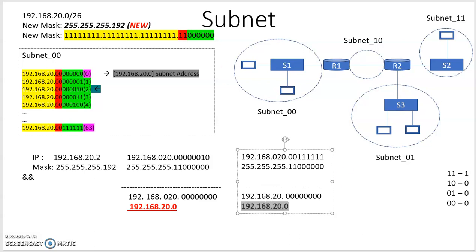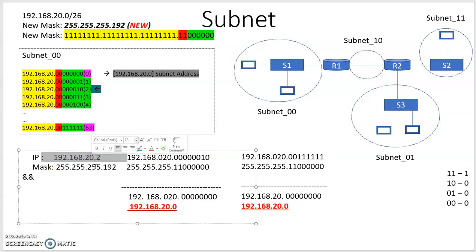Let's underline it. Let's make it red. So you see, we end up getting the same number as the first IP address of the subnet, the one that we refer to as the subnet address. That's the reason why this IP address, 192.168.20.63, or in this case 192.168.20.2, they all belong to the same subnet.